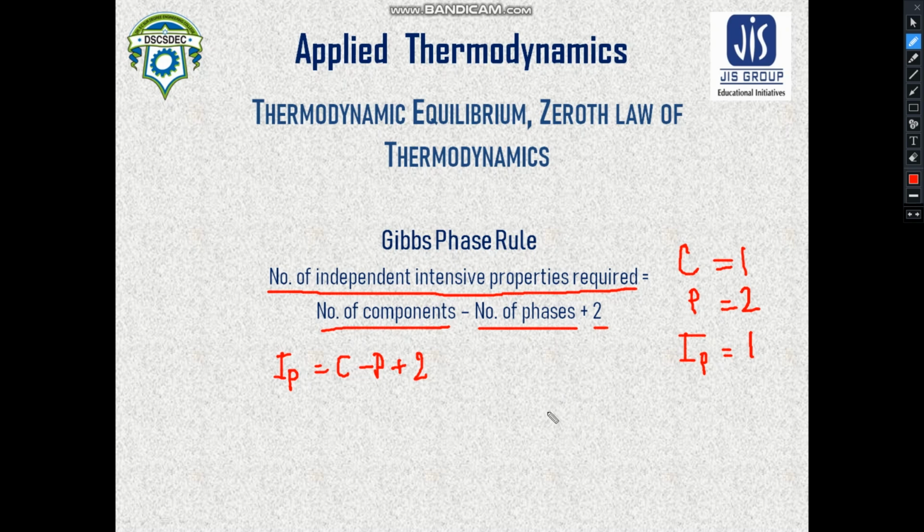Whenever the number of phases is increased, you see that the number of intensive properties required to specify that state becomes less. For the water steam mixture, we know the boiling point of water is 100 degrees Celsius.